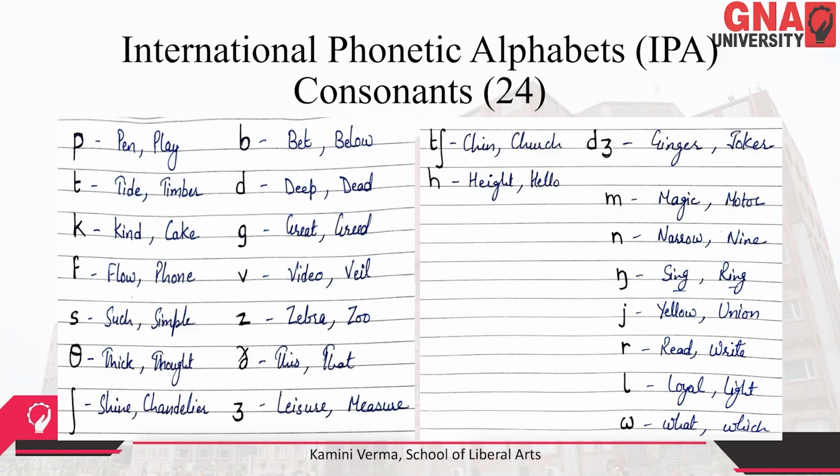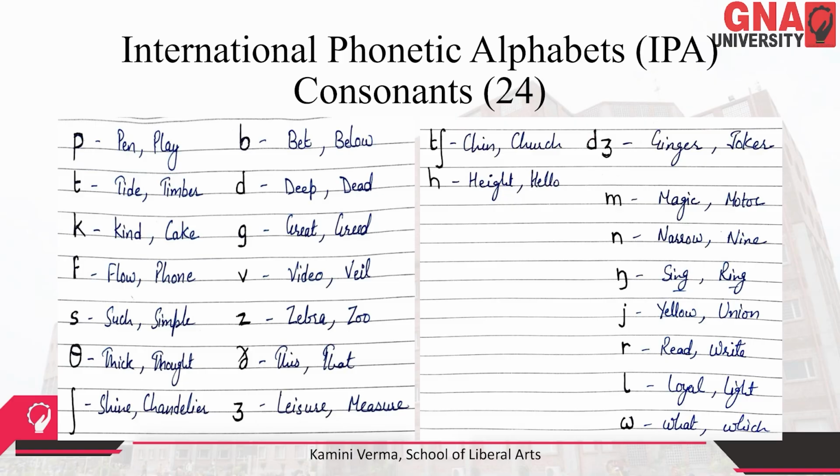We will take it up in the next classes also. The sound in front of you right now is the H sound. H as in hut, H as in height, H as in have. So this is the H sound for us.